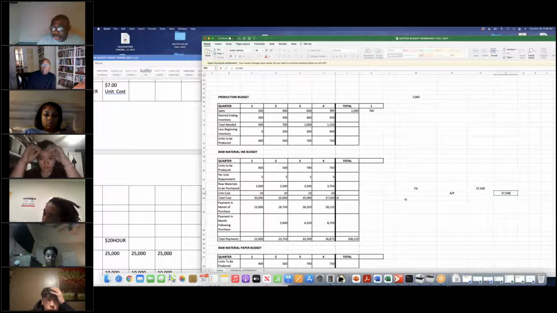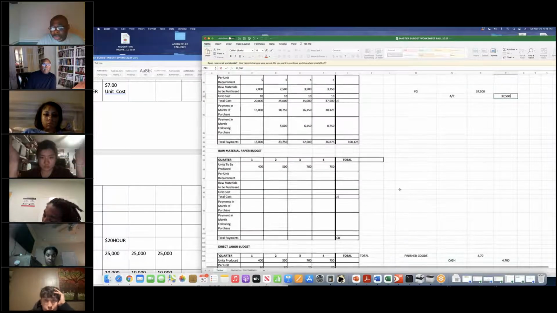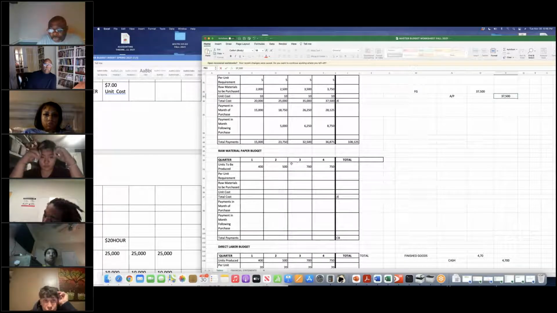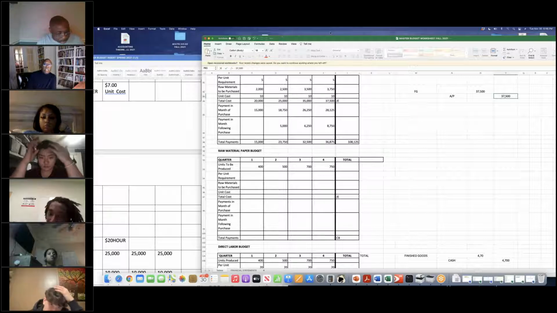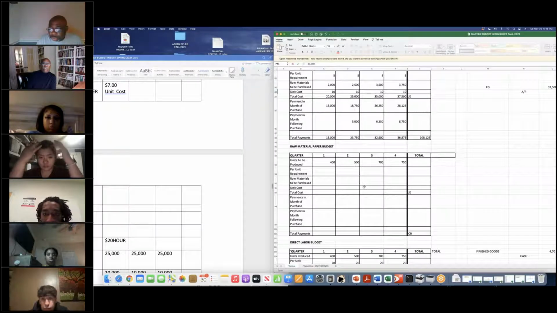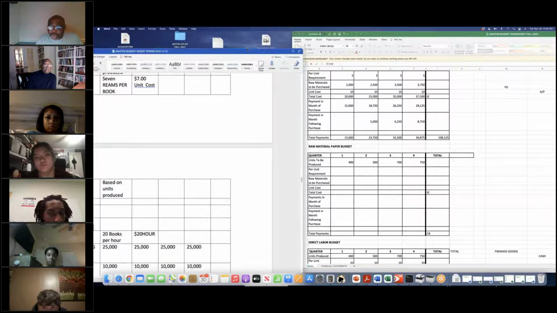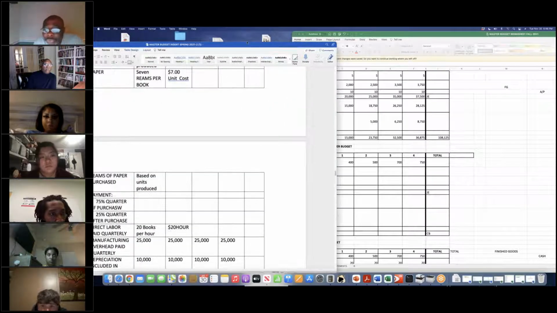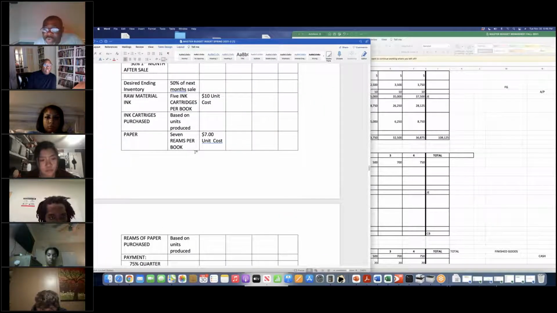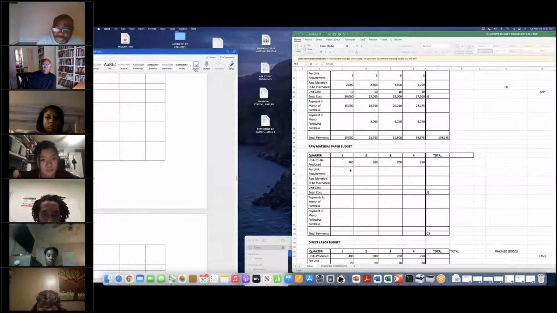Of course I want you all to do the paper, but we're going to do this first quarter with the paper so that we can finish the first quarter of the cash budget. So our per unit requirement on paper was what? 7 reams.